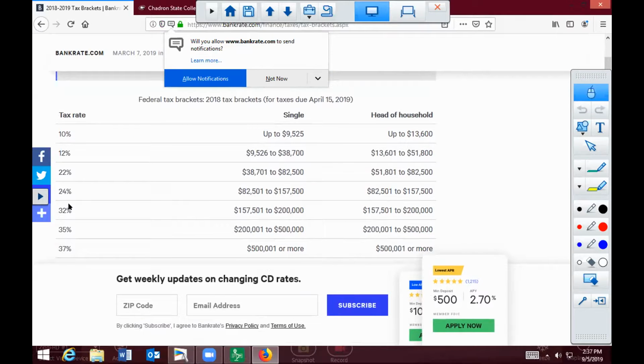And then it jumps up even more and even more.